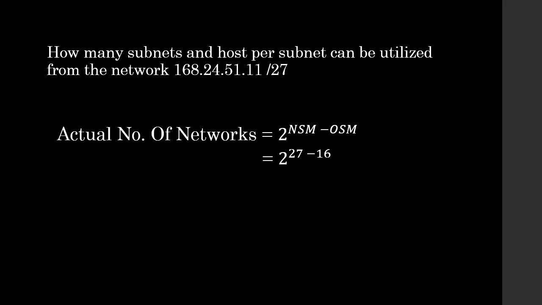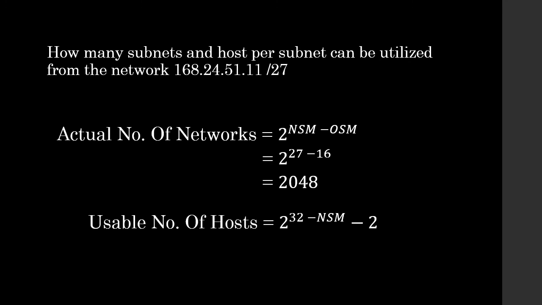So, bakit po 16 yung old subnet mask? Dahil po ang network na 168 ay isang Class B network at ang default subnet mask noon ay 16. So, kaya po naging 2 raised to 27 minus 16. So, which yields to 2,048 number of networks. Actual.